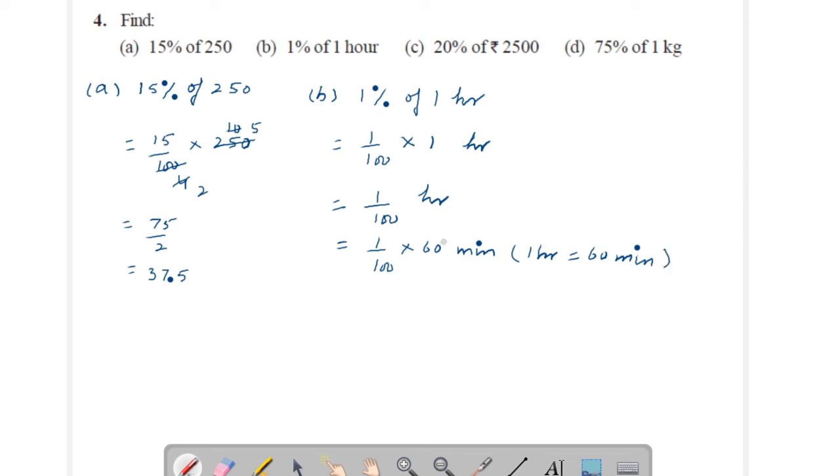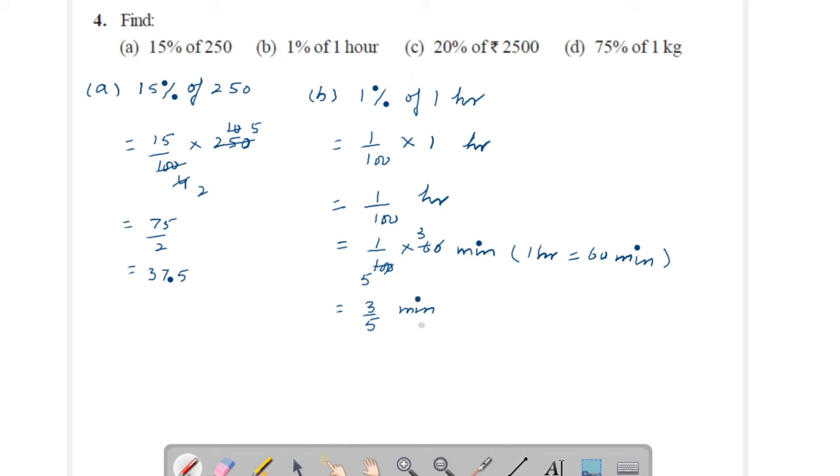Simplify it. 0 by 0 cancel by 2. 2 5 is 10, 2 3 is 6. You will get 3 upon 5 minutes.